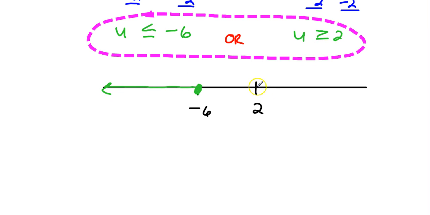This one's a solid circle at +2, headed off to the right. Okay, and they are not asking for interval notation, they simply want the graph on these.